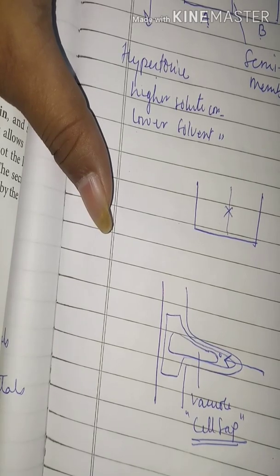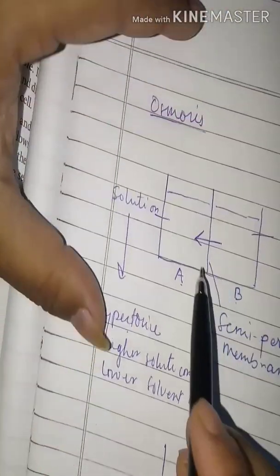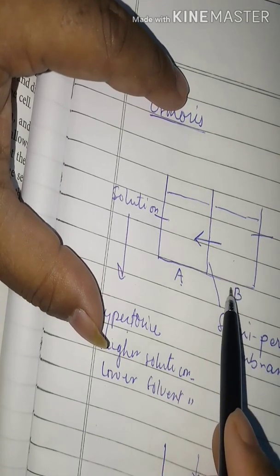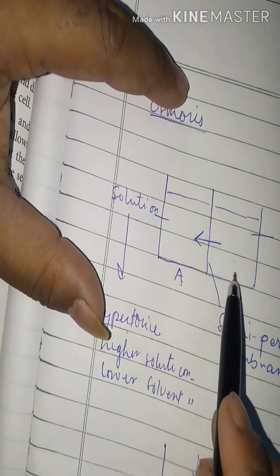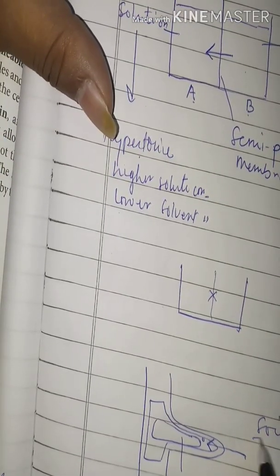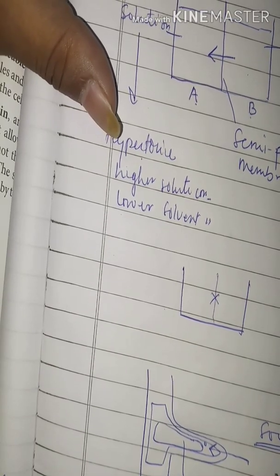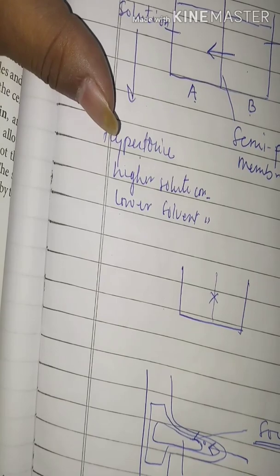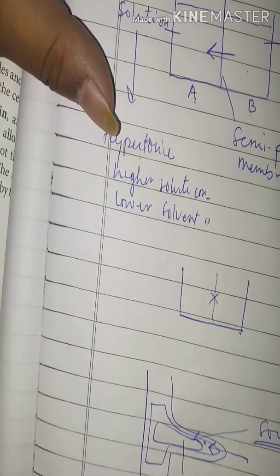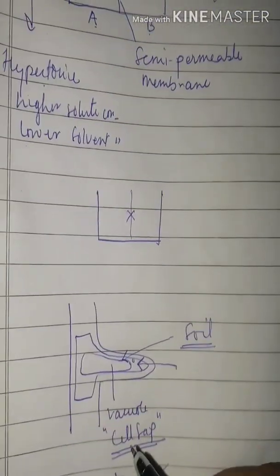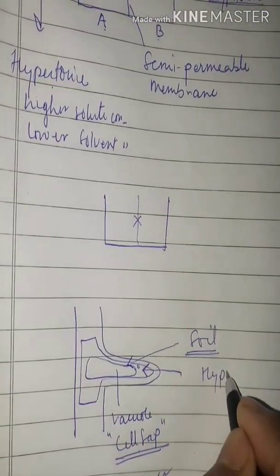So again, if water moves from container B to side A because here water is in higher concentration, same in soil the concentration of water is higher, so it easily diffuses into the root hair cell, because this is hypo and this is hyper.